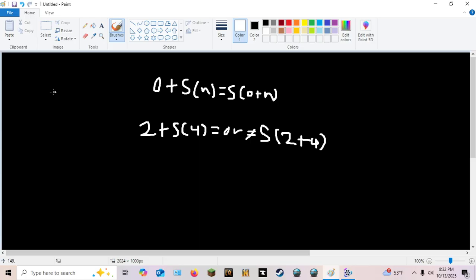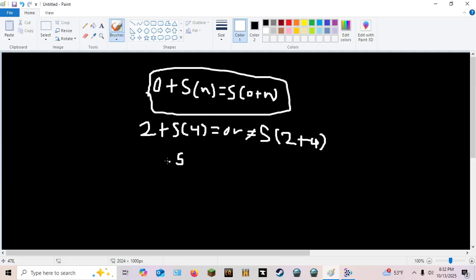We gotta use this. It's actually in this form. So let's evaluate. So 2 plus the successor of 4. Let's do successor of 4 first. Successor of 4 is 5. And then let's do the addition.